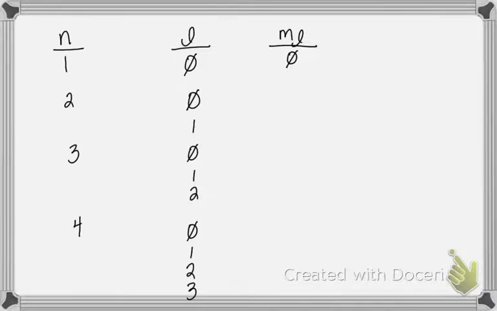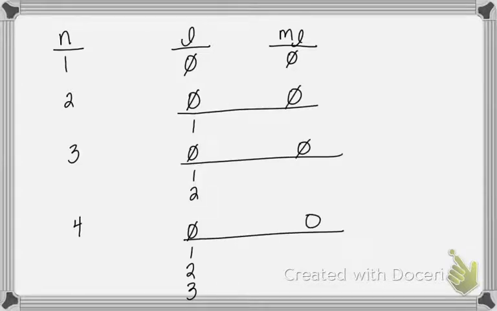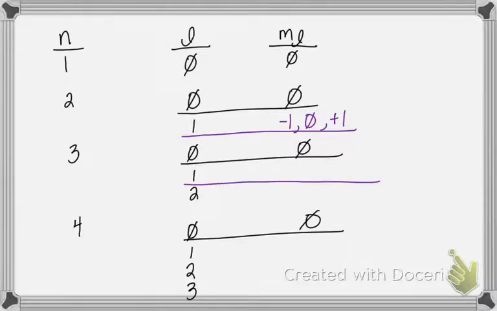So every time L is 0, ML can only be 0. Okay? If L is 1, well, ML can be negative 1 up to positive 1, including 0.